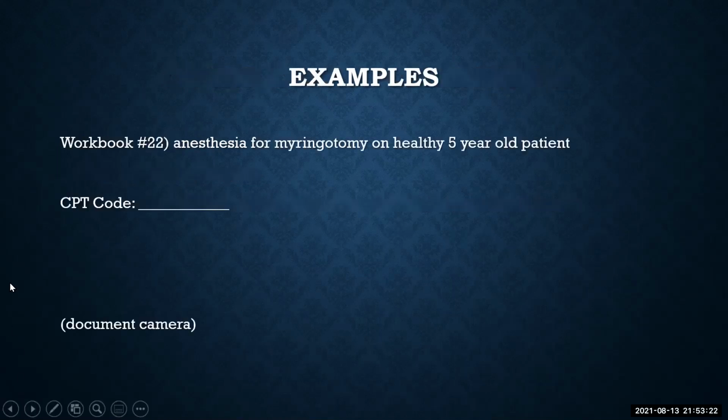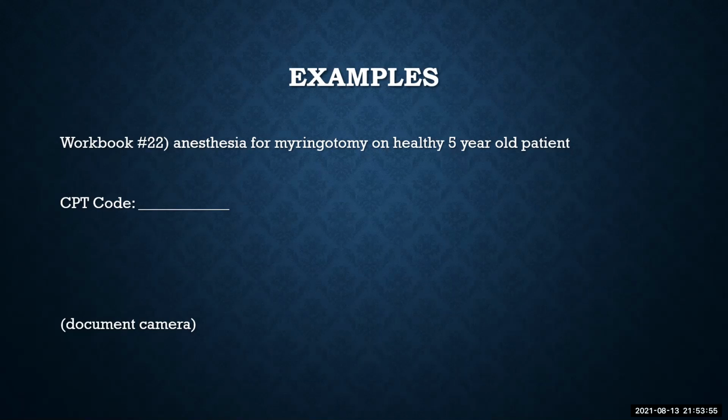Okay, so let's do a few examples. These are both going to be from your workbook. This is workbook question number 22, anesthesia for myringotomy on a healthy 5-year-old patient. I do want to clarify, if you've not done anatomy and physiology yet, or maybe it's been a while, myringotomy and tympanotomy are the same thing.